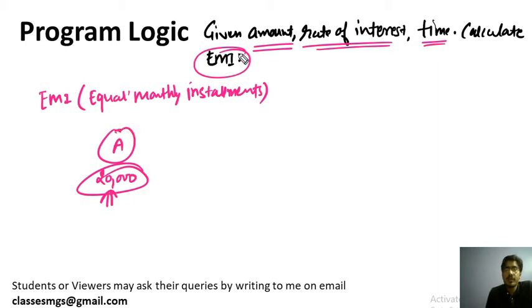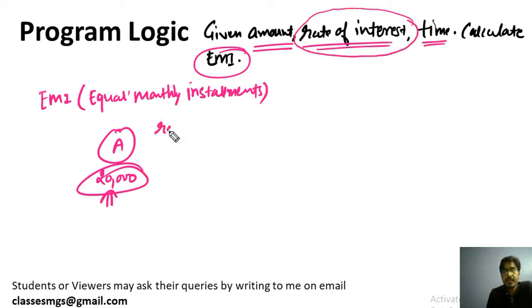If you want to pay this 20,000 in monthly installments to the seller, in that case the seller will charge some rate of interest to you for this payment in monthly installments.